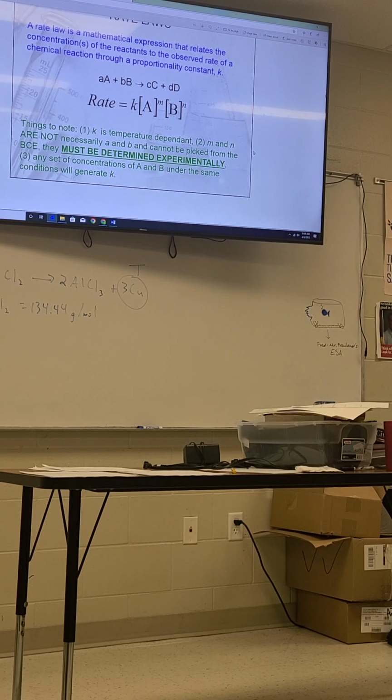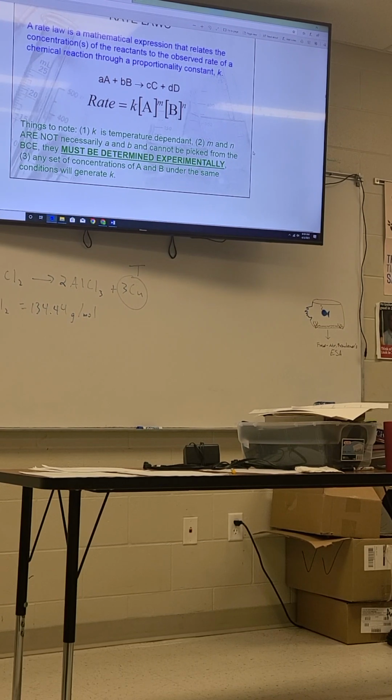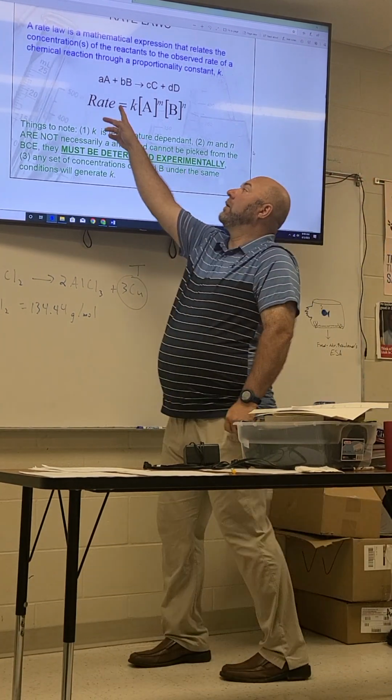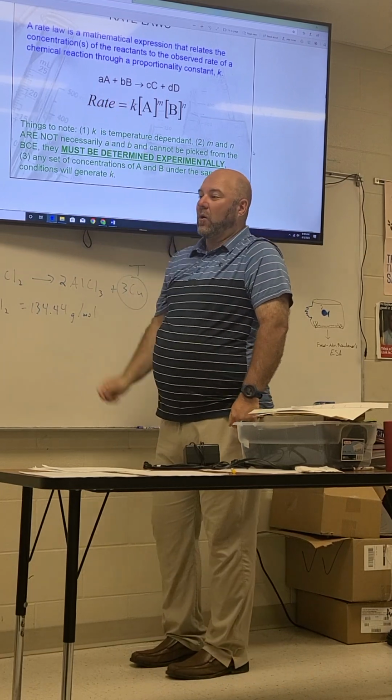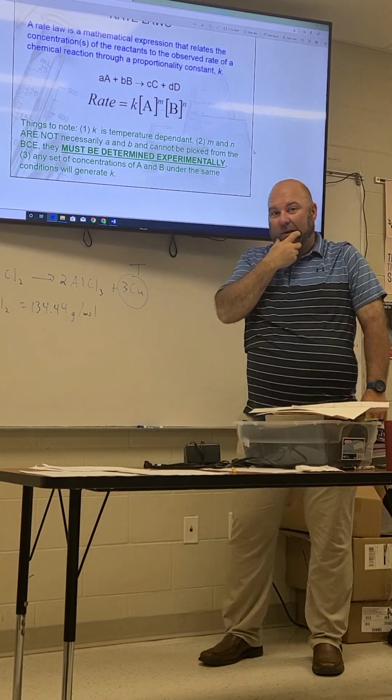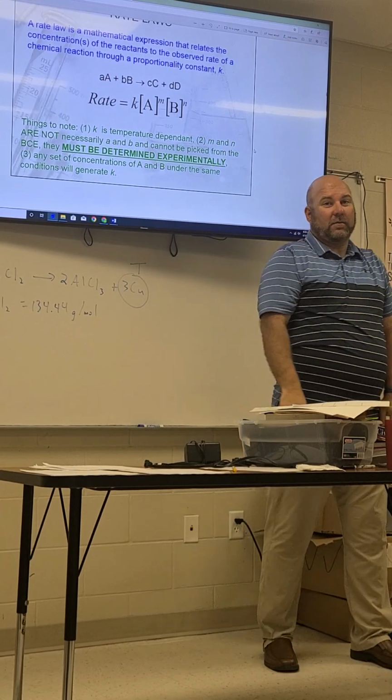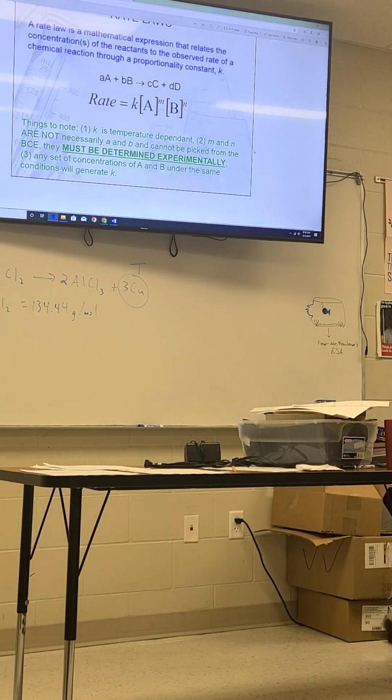One thing I really do want to emphasize, so m and n, we're going to call them m and n. They're not A and B. They're not small a, small b. They're not the coefficients. Okay? No and no. Resist the urge. Sometimes it works out that way, happy coincidence.